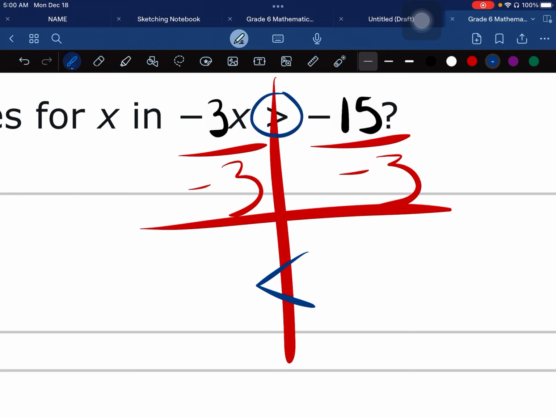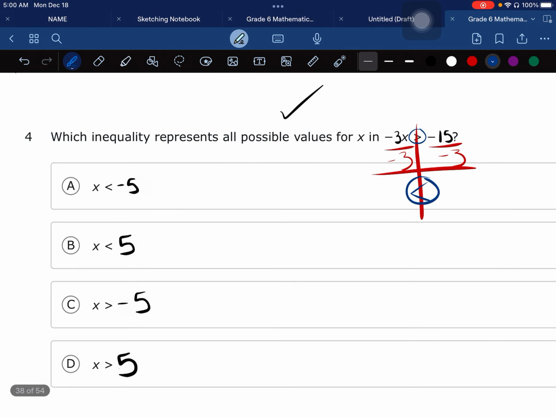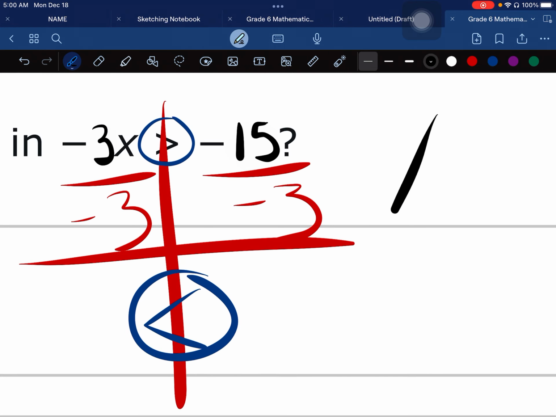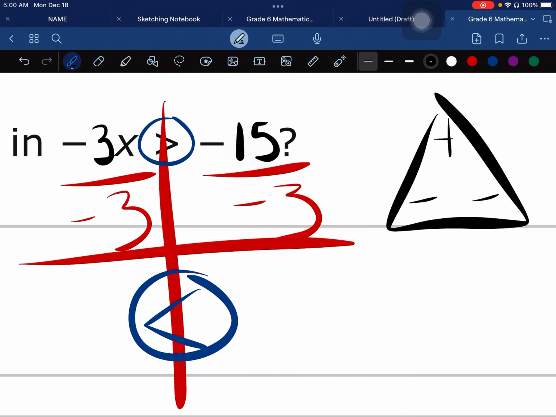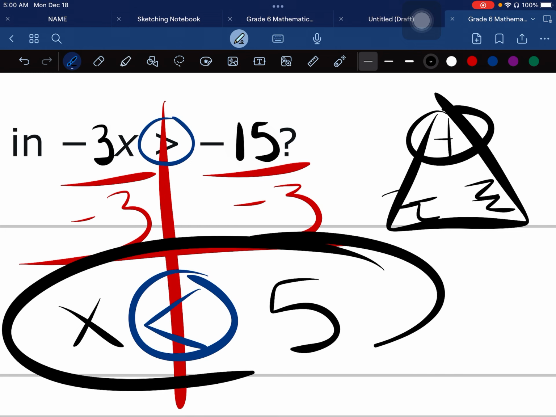Now, when the flip happens, chicos, what else happens? ¿Qué más pasa? Well, that means we're going to eliminate 2 of the choices. There we go. Ahora, Chico Dorito te dice negative times a negative is going to be a positive, and that's my answer.